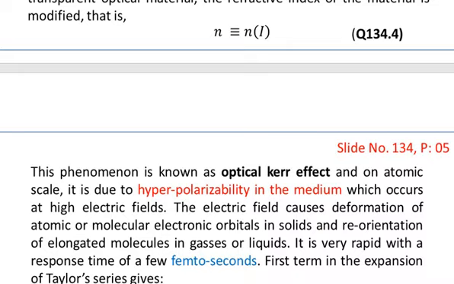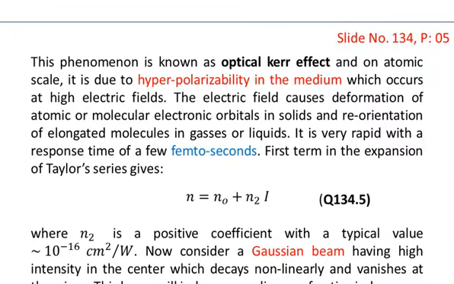Writing in equation number 4 the refractive index as a function of intensity, this phenomenon is known as the optical Kerr effect, and on the atomic scale it is due to the hyperpolarizability in the medium which occurs at high electric fields. The electric field causes deformation of atomic or molecular electronic orbitals in solids and reorientation of elongated molecules in gases or liquids.